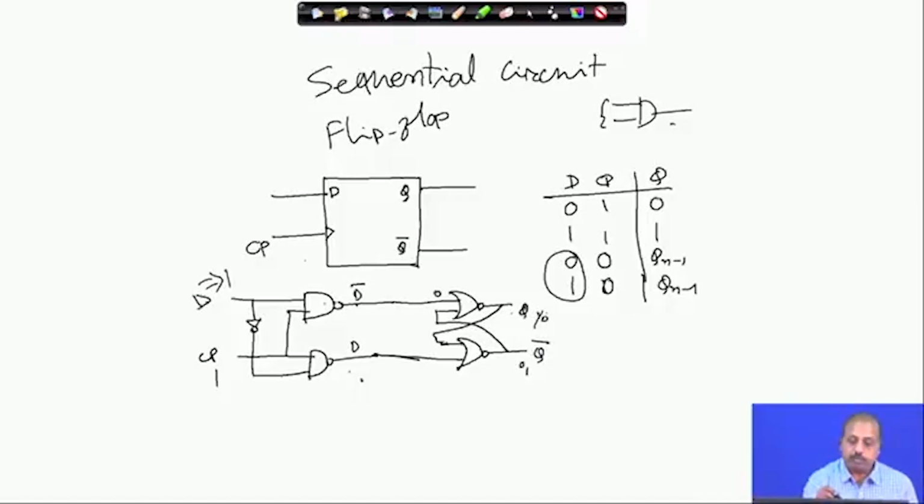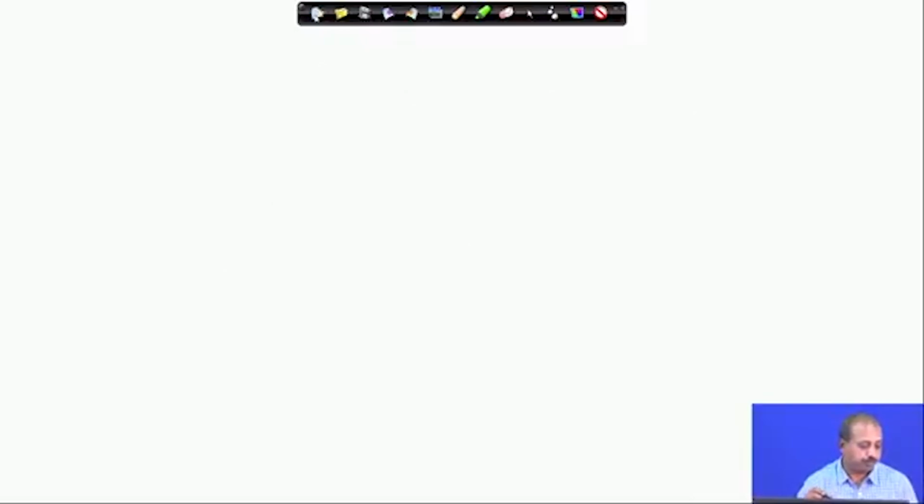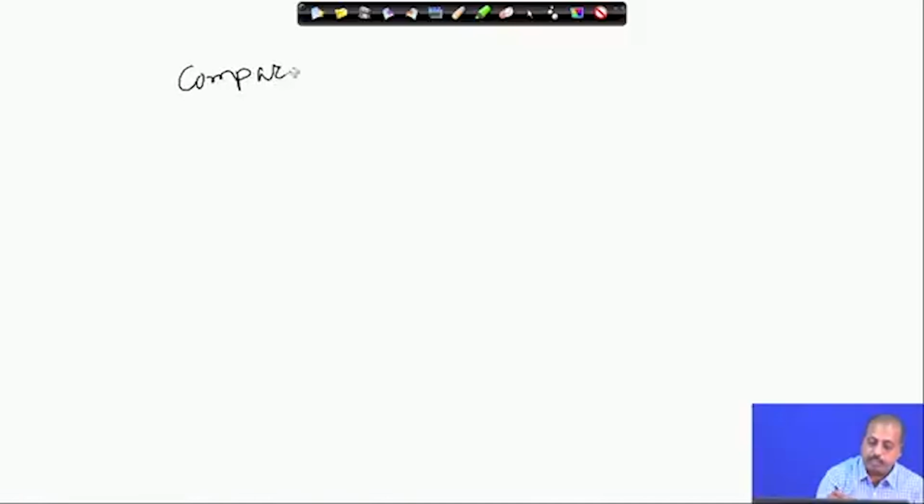Now, we can have this combinational circuit. It can be used for realizing various modules, like we can realize something called a comparator.